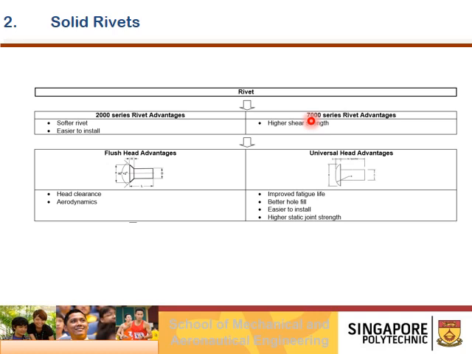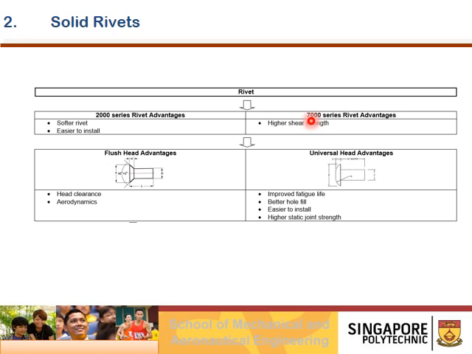How about 7000? The 7000 series main alloy is zinc. So what are the differences? The 2000 series rivets are easier to install, and because the copper alloy makes them softer, they are very ductile compared to the 7000 series. The 7000 series offers a higher shear strength capability, right?